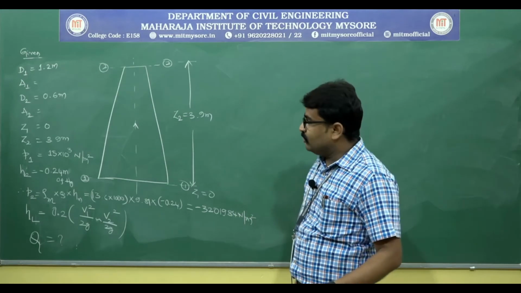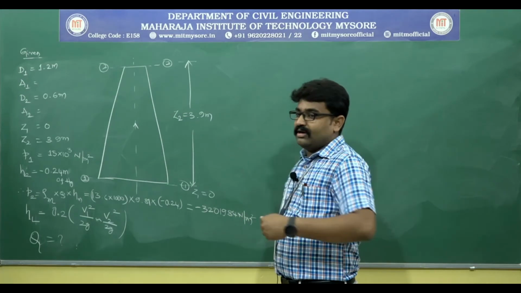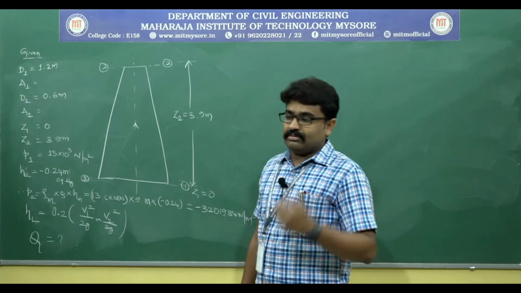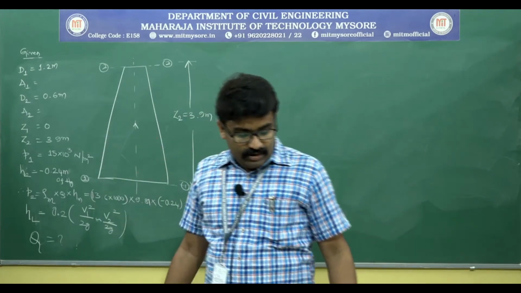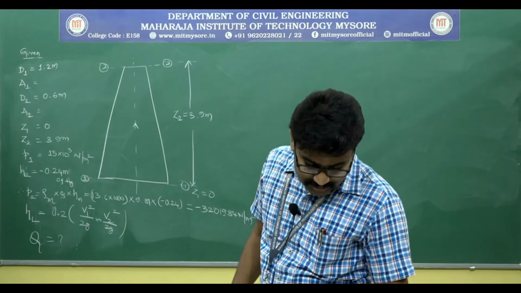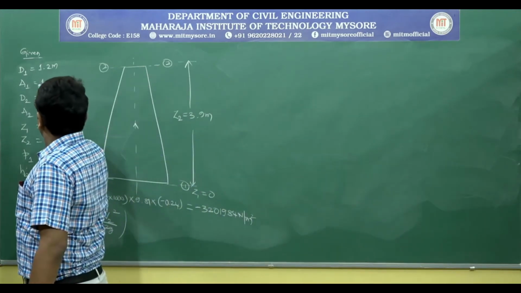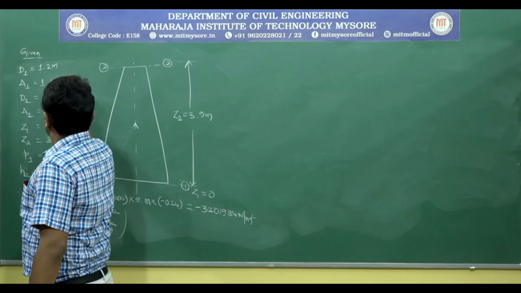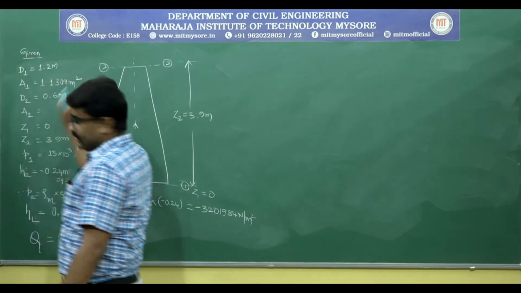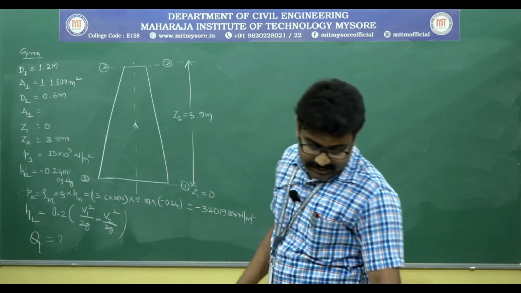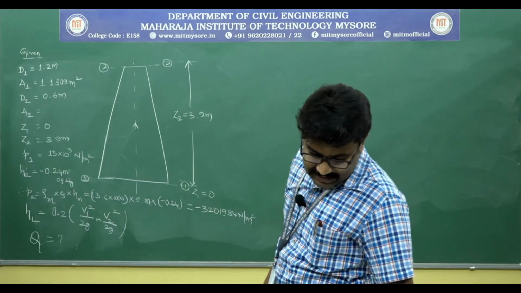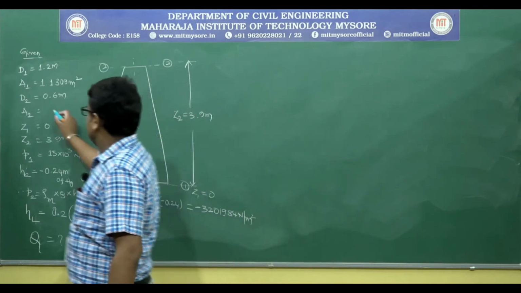How do I get V1 and V2? Based on your A1 and A2, you will have to keep V1 in terms of V2. So, get what is A1 and A2. A1 is nothing but 1.1309 meters square. Using D2, that is 0.6 meters, area is 0.282 meters square.